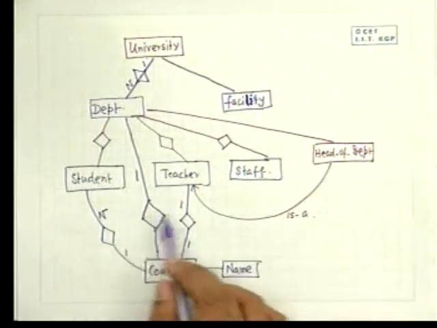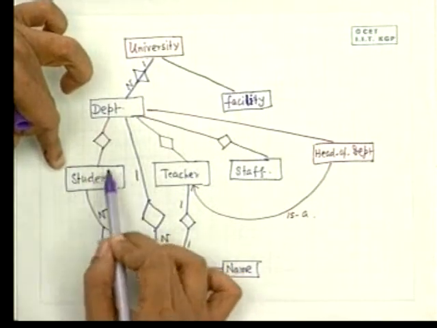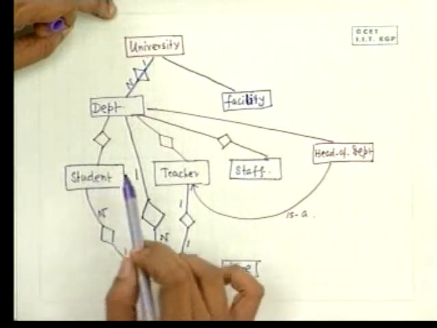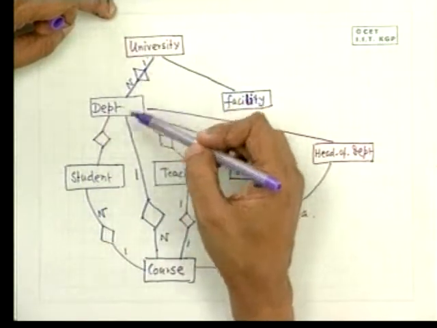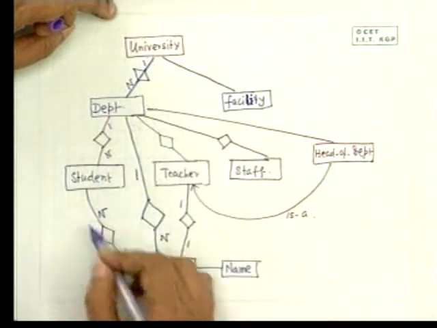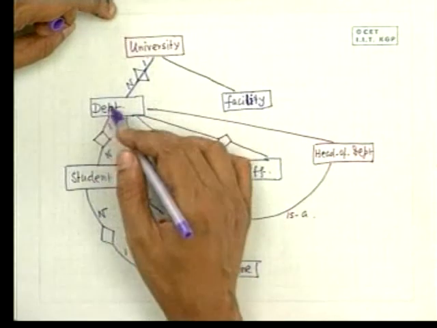So you can see that when we are modeling the university, the same class student is related to the department class as well as to this course class, and again there is an association relationship between the department and the course.